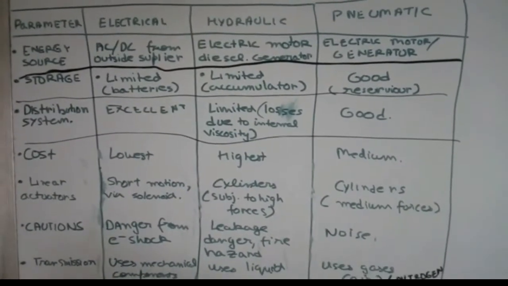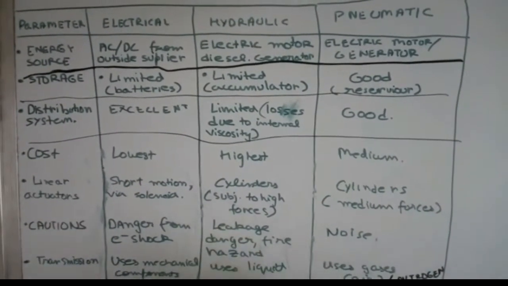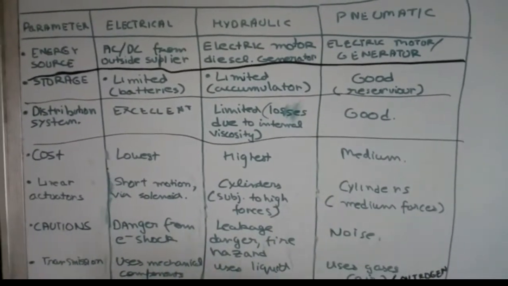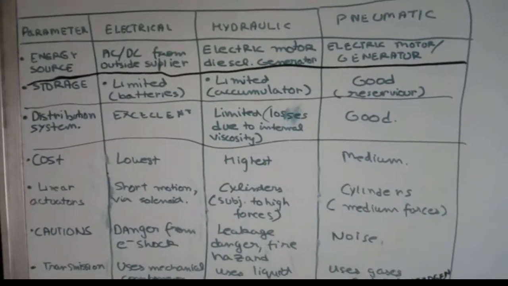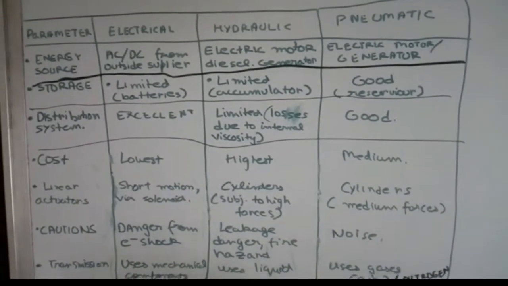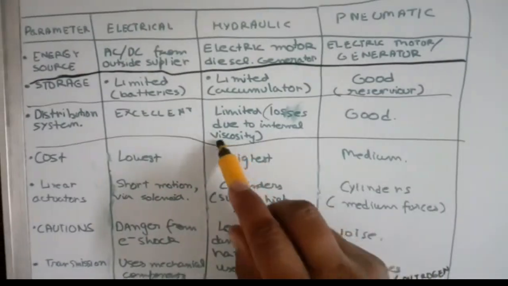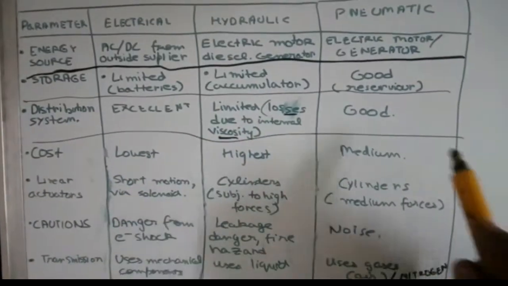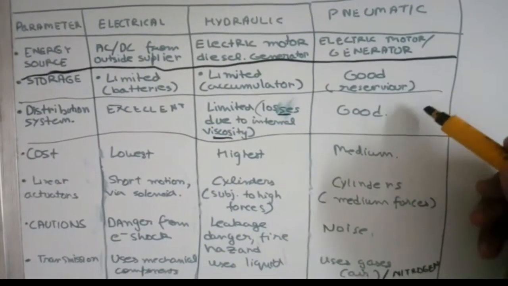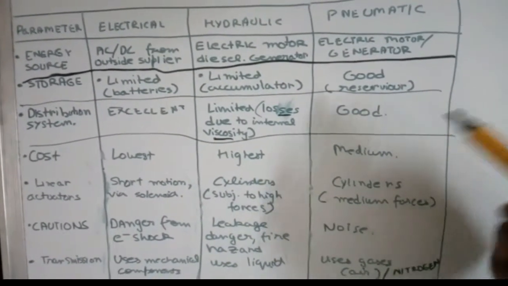Like friction in solids, we have viscosity in fluids. Most of you friends will be familiar with viscosity; if not, go to the fluid mechanics subject. Due to viscosity, distribution is not so good because pressure losses and velocity losses are there. In pneumatics distribution is good because it's only air and air has good flowability.